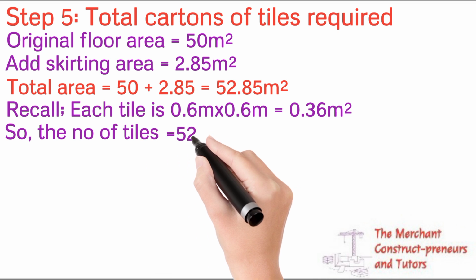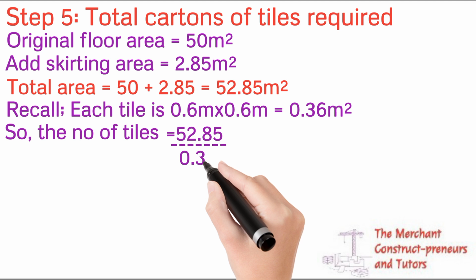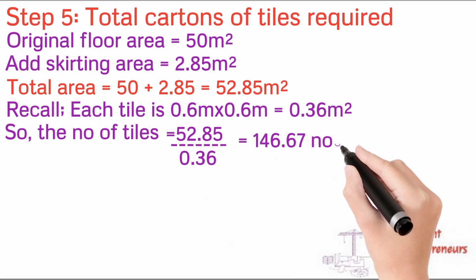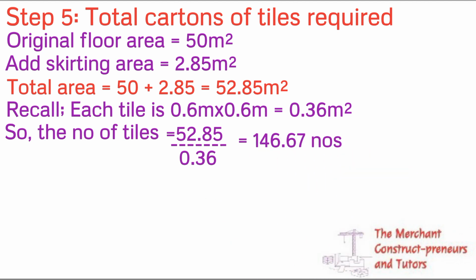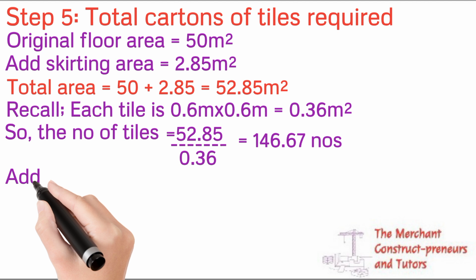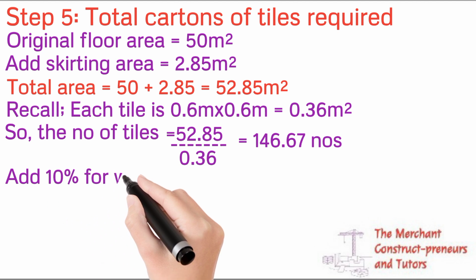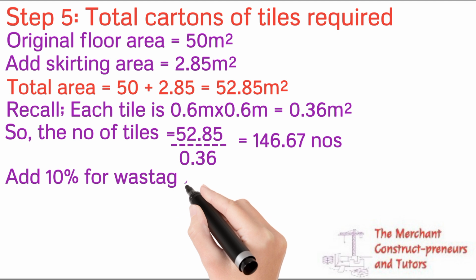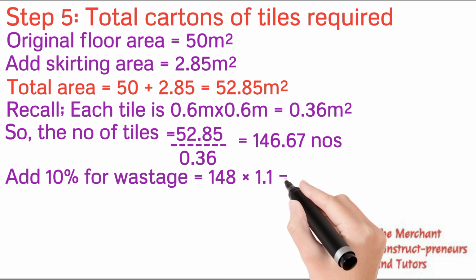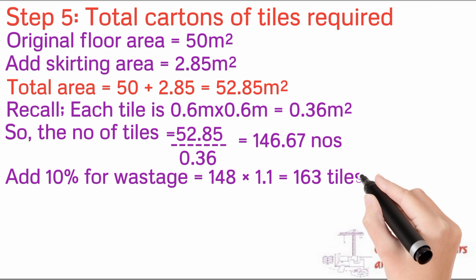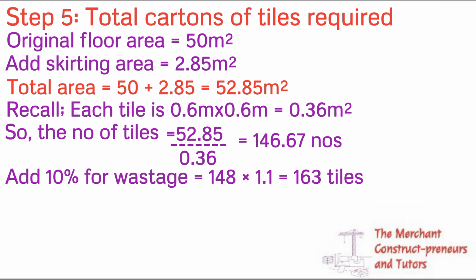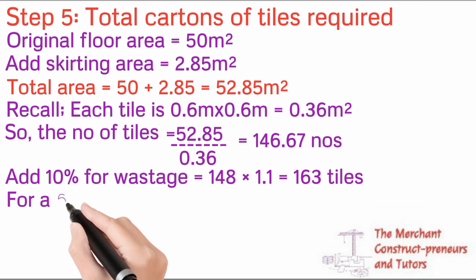So adding your wastage of about 10%, you have it as 163 tiles, right? And then from the market or from the manufacturer, 600 by 600 tiles are usually 4 in one carton, right? So we want to know how many cartons we are buying.